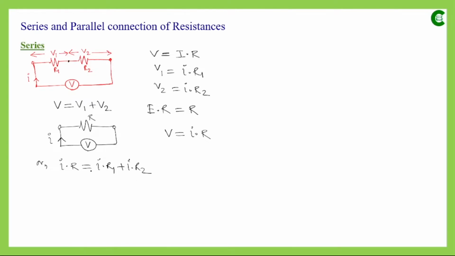Here on both sides of that equation the current is the same and has non-zero value, so we can cancel that common term from both sides. What will remain in the simplified equation is R equals R1 plus R2. So we can say in case of series connection of resistors, the equivalent resistance will be equal to the summation of their individual resistance values.